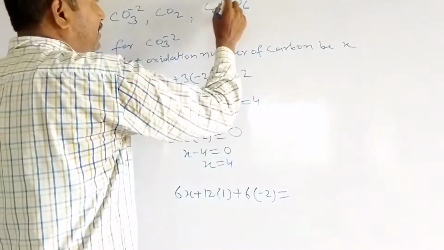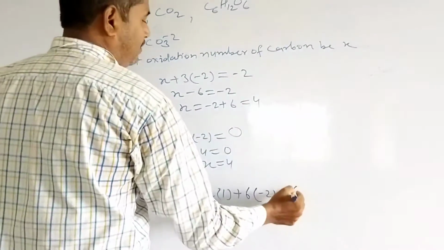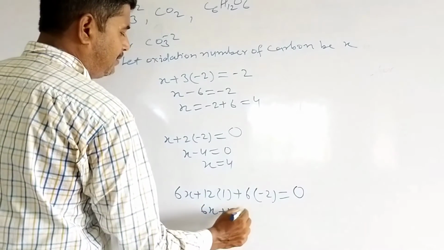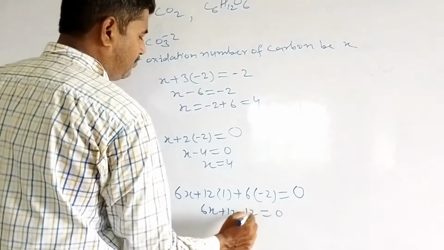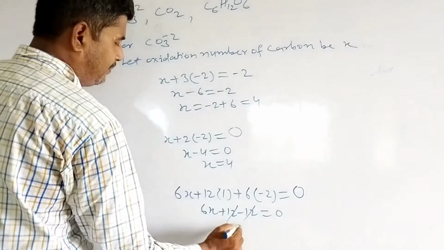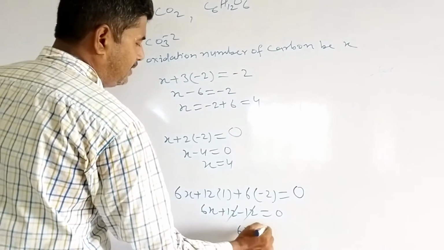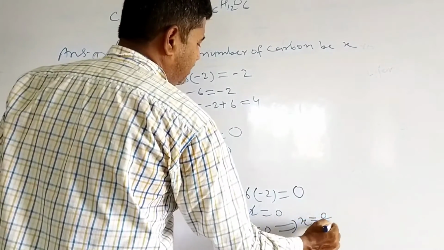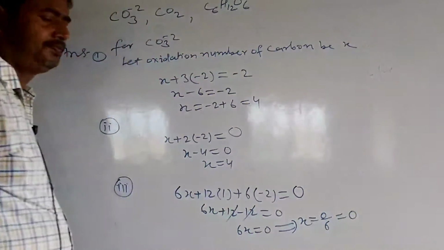Here there is no charge, hence equal to 0. 6X plus 12 minus 12 is equal to 0. 12 cancels. 6X is equal to 0, which implies X is equal to 0 by 6, that is 0.